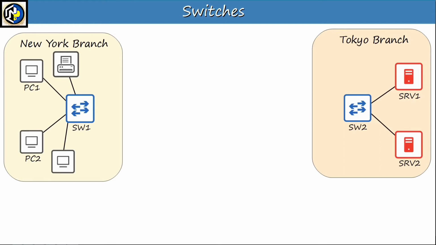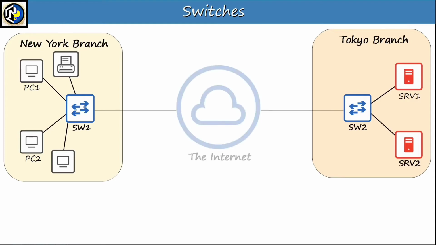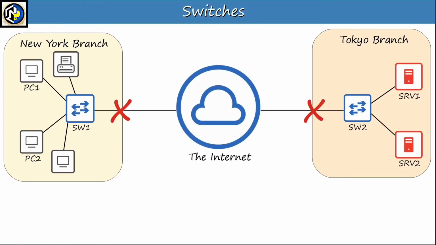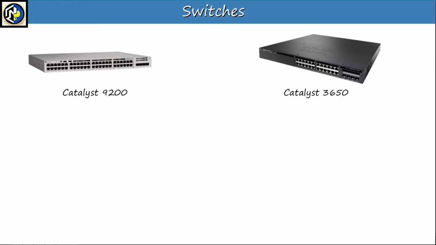So, we have one LAN on the left and one LAN on the right. The hosts within each LAN can send data to each other, for example, PC1 to PC2. However, these switches cannot connect directly to the internet and send data between the two LANs.